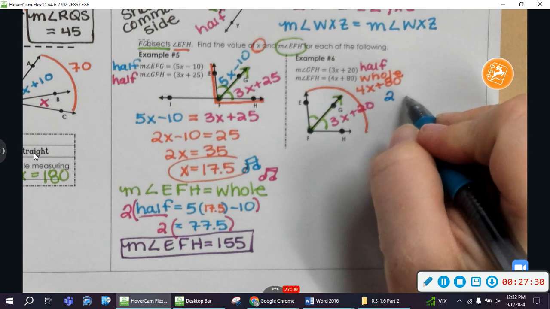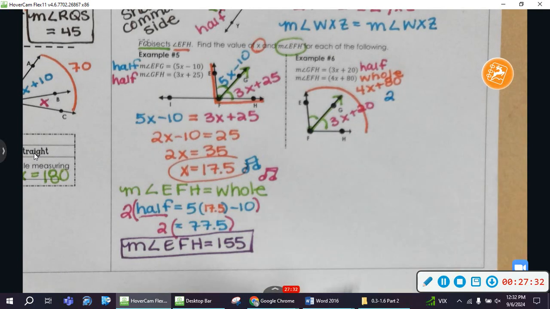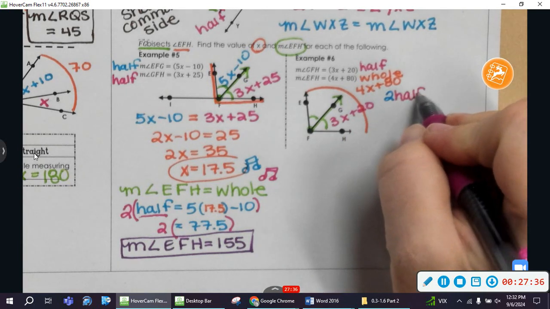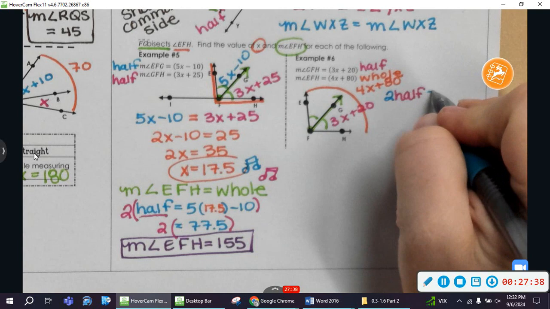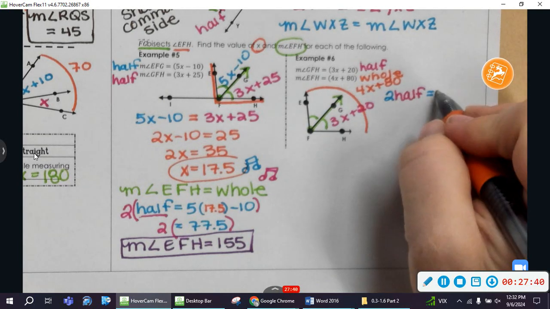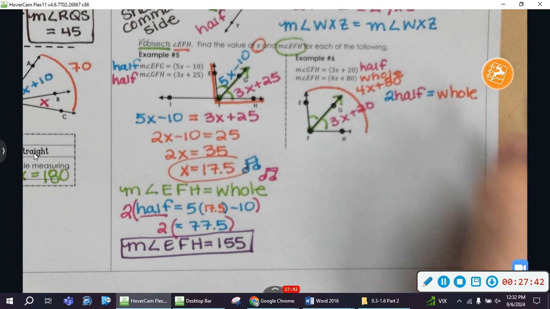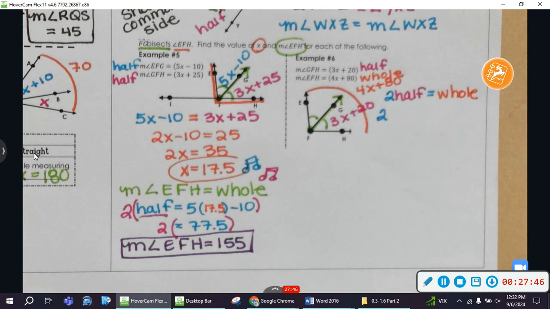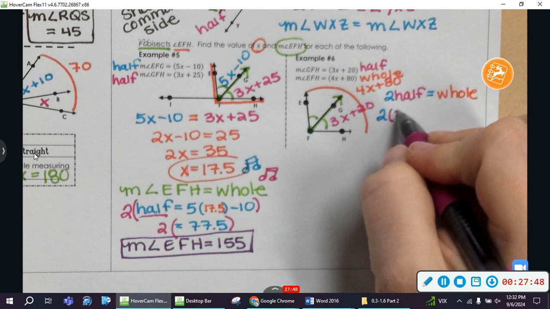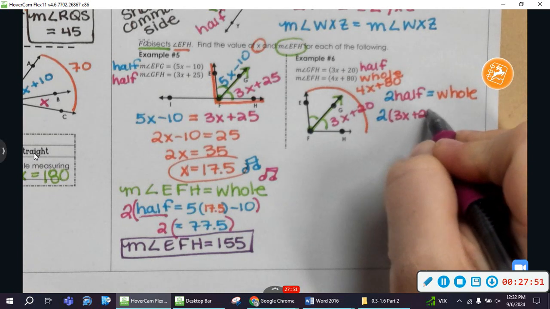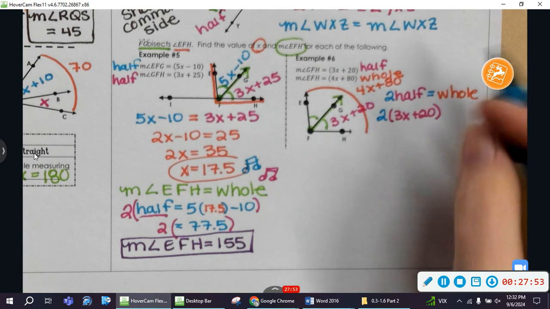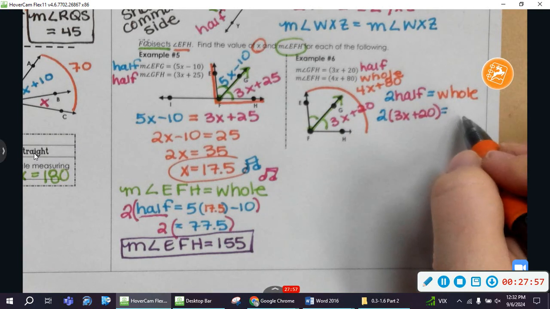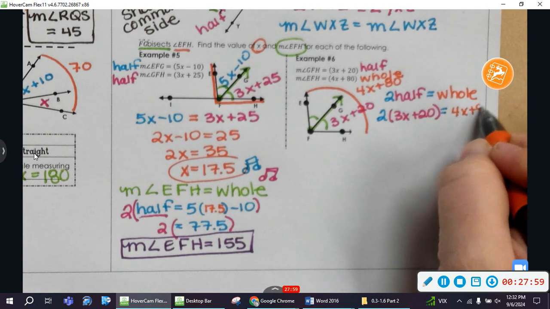So we cannot set these equal to each other because half does not equal whole, but based on our segment bisectors before, we said 2 halves can equal a whole. And so that's how I'm going to set up my equation. 2 of my half, the 3x plus 20, should be equal to the whole angle, that 4x plus 80.